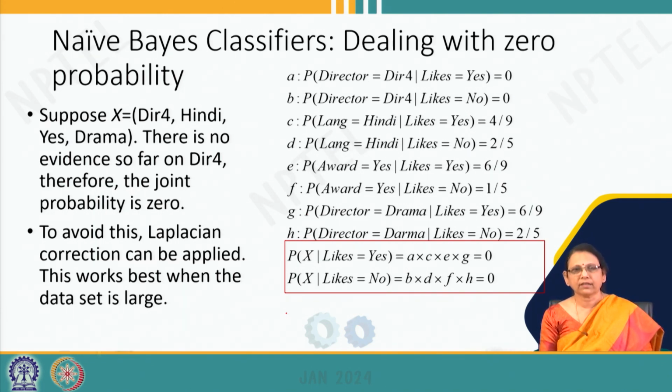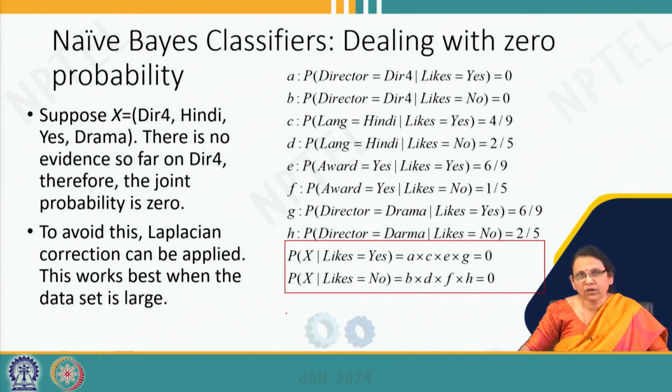Now we have another situation here. Now suppose we have a new movie with a new director. Director is director 4, its language is Hindi, it has got an award and it is a drama type. However, so far there is no evidence that there is somebody called director 4.